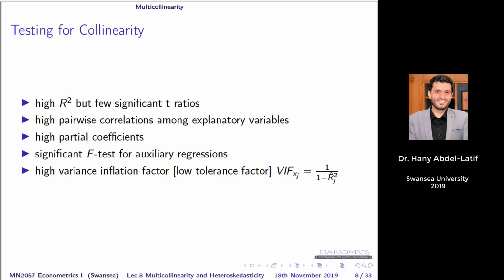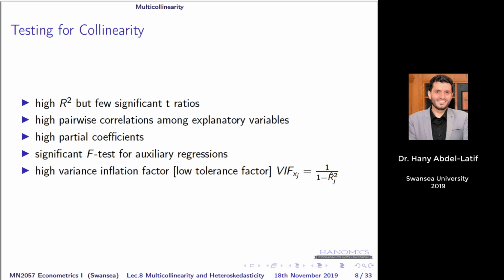Also, you could just calculate the correlation between the x's, and when you have high correlation between two variables, then you should understand where the problem comes from. Or you could do the variance inflation factor.